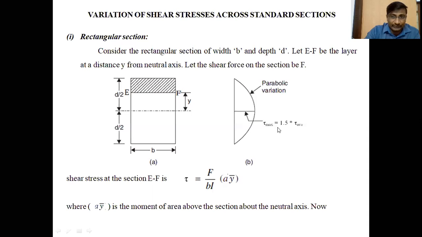Tau maximum is equal to 1.5 tau average. So at what distance will the maximum shear stress be developed? At the neutral axis. Clear, students? At y equal to 0, that is at the neutral axis, the maximum shear stress will be developed.